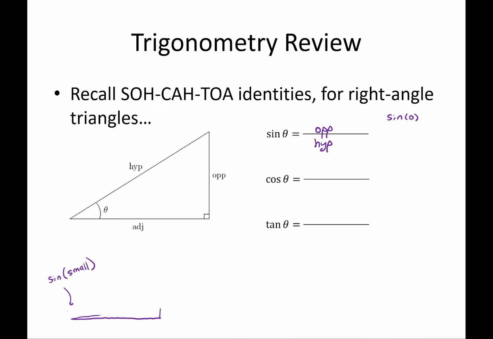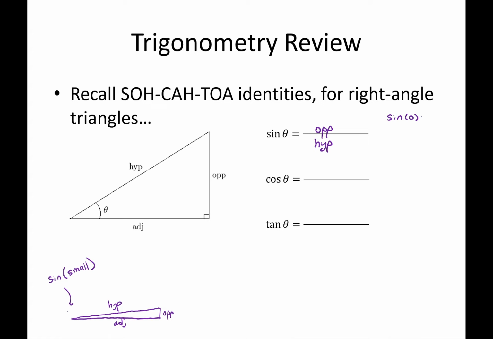Okay, slightly better. So this is the opposite. This is the hypotenuse. This is the adjacent. Now imagine making it smaller. What's going to happen? Well, eventually, the opposite's going to shrink down to nothing.